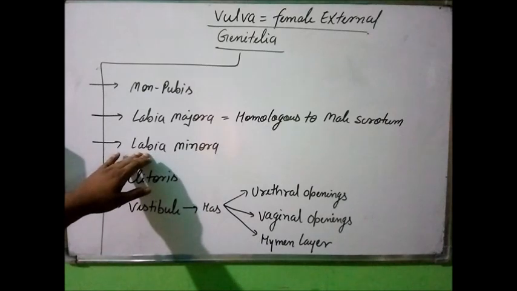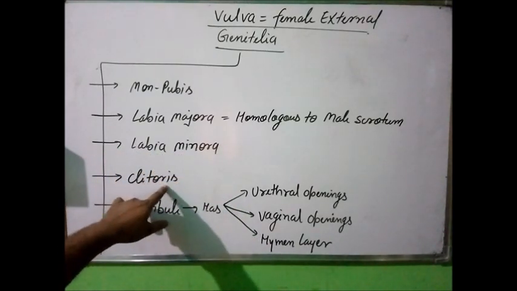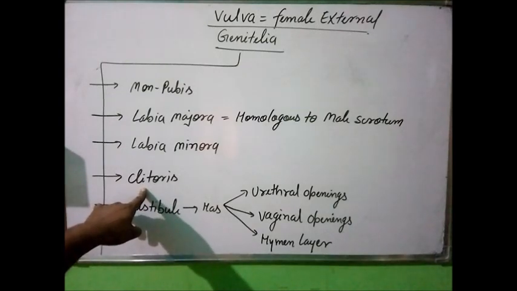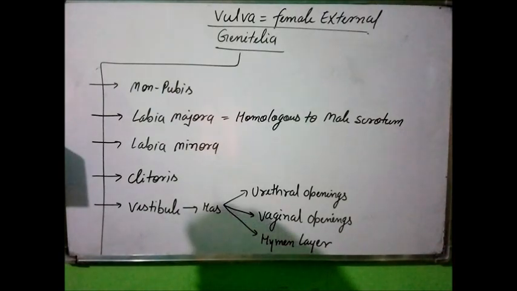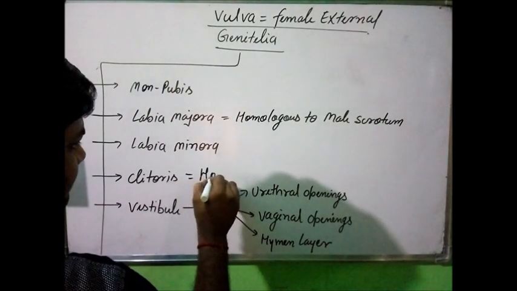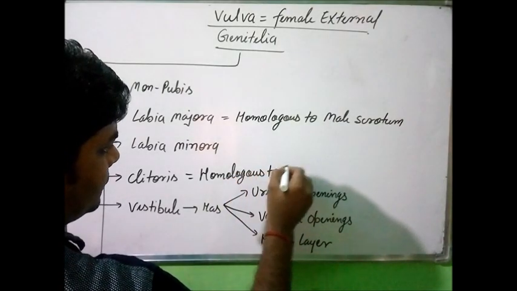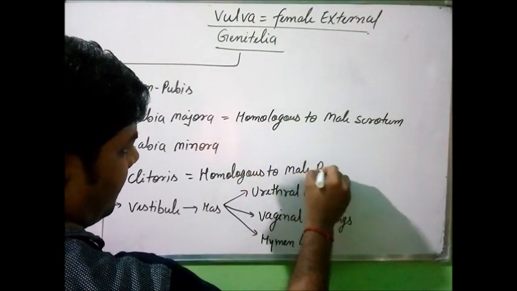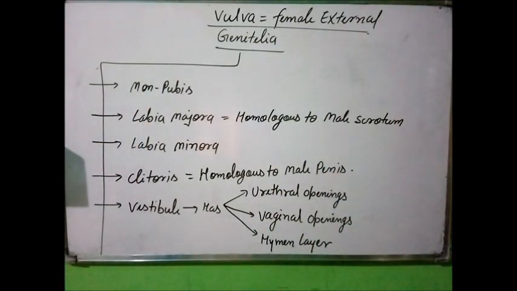Now at the upper junction of labia minora, a small cylindrical structure is present called as clitoris, which is homologous to male penis. Okay, and it is having all the structures as well as tissues similar to the male penis. Only the structure is small and size is small.